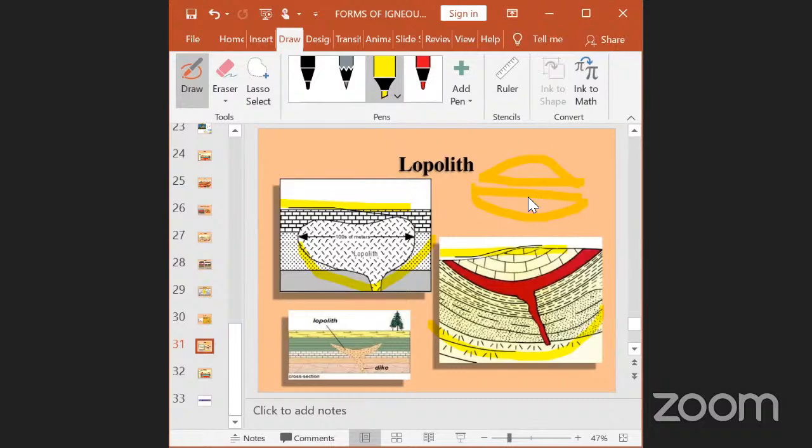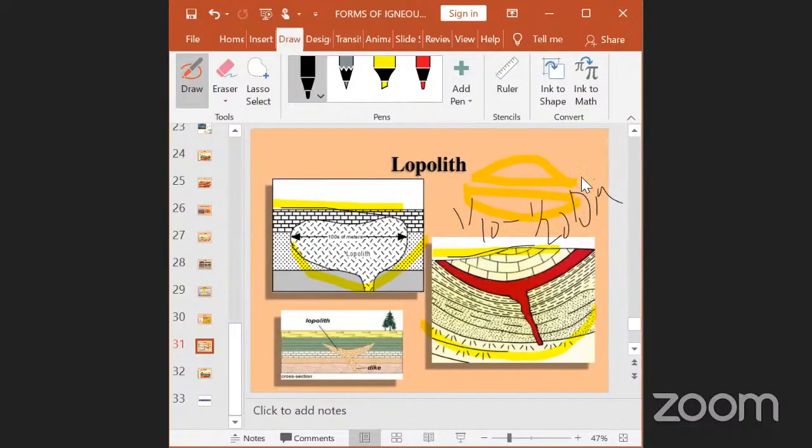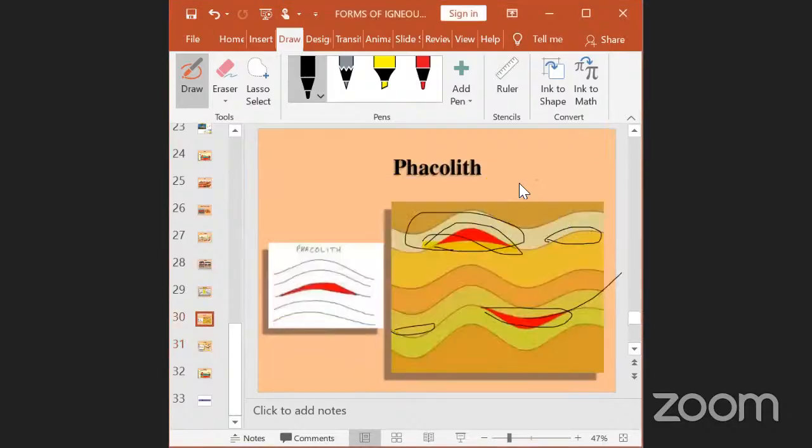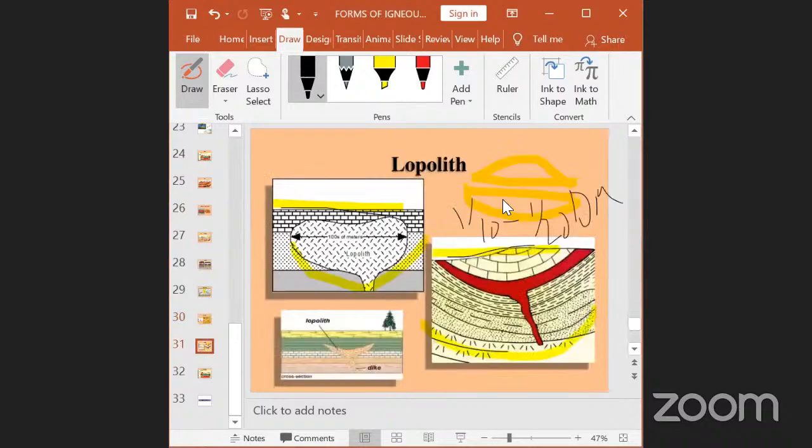The lopolith is a very huge igneous body with a thickness of approximately 1 by 10 to 1 by 20 of the diameter, right? So this is the lopolith, and the phacolith and lopolith are opposite shapes, right?